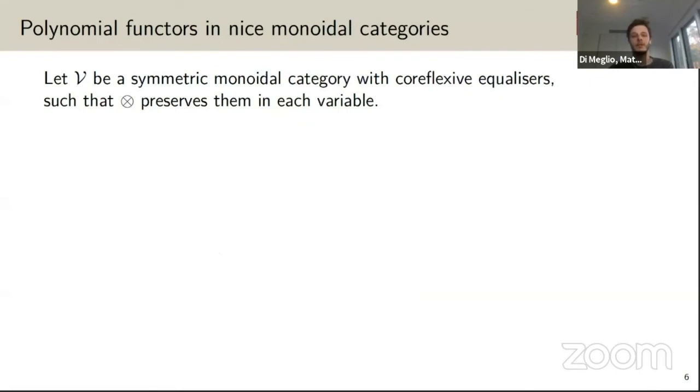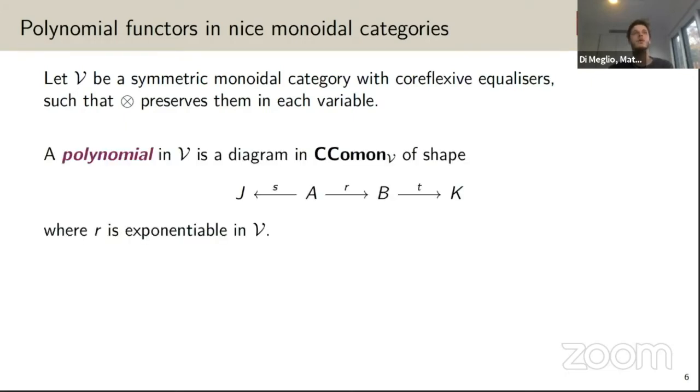Okay, so then how does this work in the monoidal case? Well, hopefully from the indexing stuff that I talked about before, this should be fairly clear. So a polynomial in V is now going to be a diagram in the category of co-commutative comonoids in V of this particular shape. And I ask that R be exponentiable.